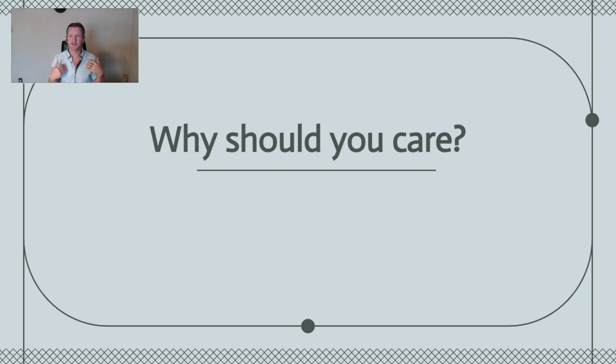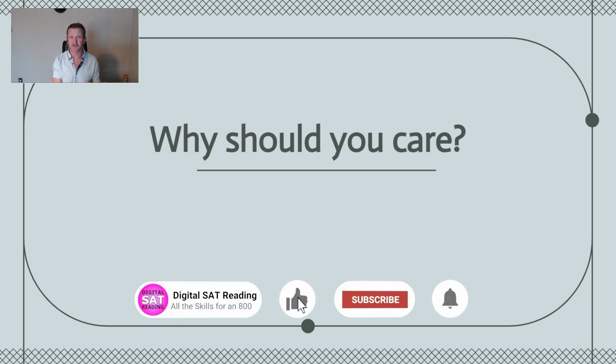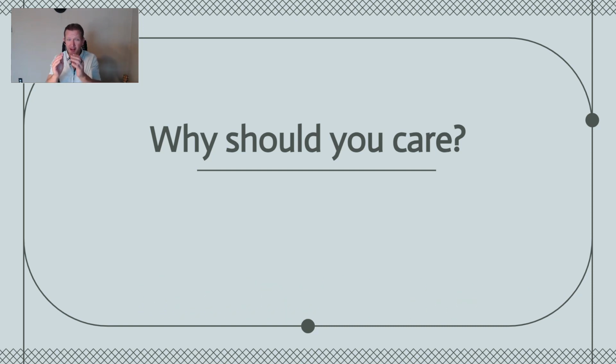Even me, if I'm reading something that I don't understand, and that still happens, I read a lot and there are still things that I don't understand, one of my first tools is to start looking for subjects and verbs. Maybe I find the verb, and because I know English is a subject, verb, object language, once I find the verb, I know which direction to go in order to find the subject. I go to the left.